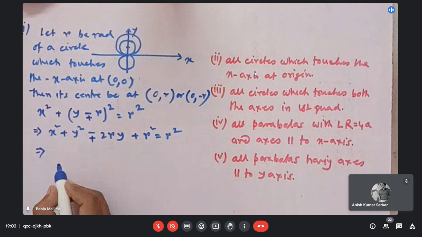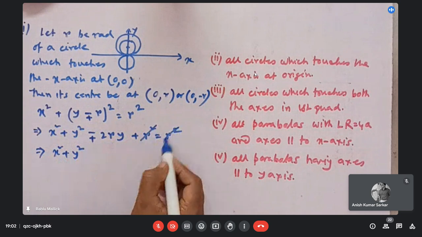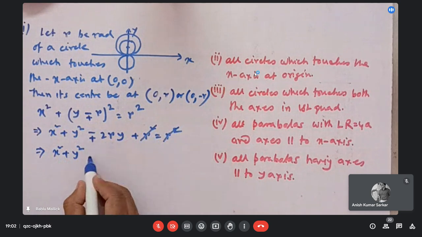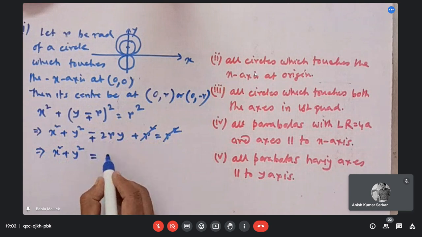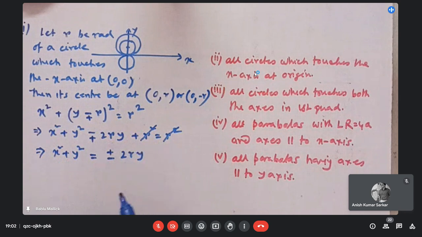So we are getting x square plus y square, this r square is cancelled. If I take this term to the right side, we will get plus minus twice ry.